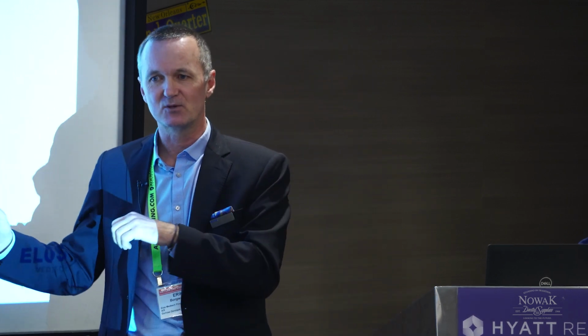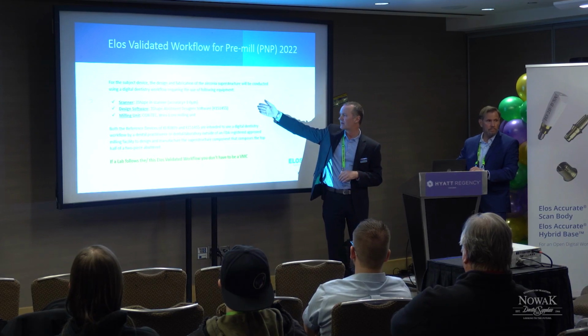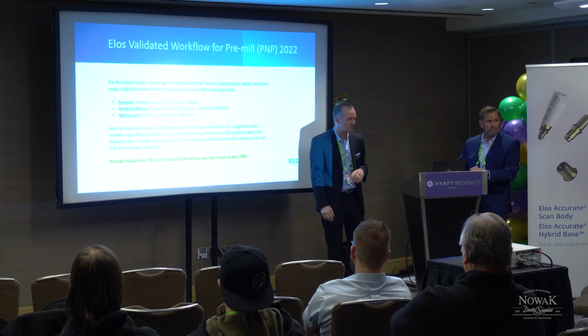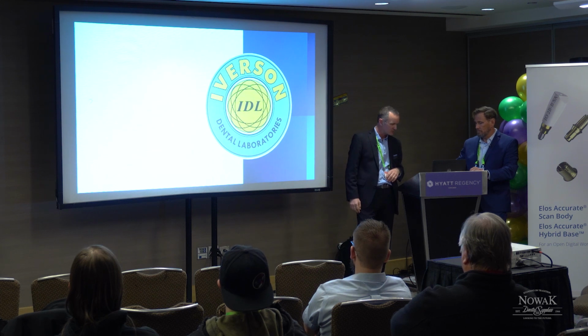Probably not, but that's how far FDA has come now. Maybe in a couple of years they will realize that they need to up the requirements a bit, but for now, it's actually enough just to specify scanner, software, and milling machine. And this is where it becomes interesting for you guys, of course.